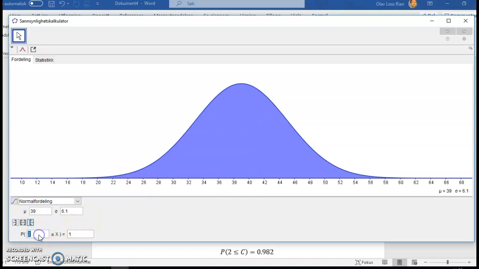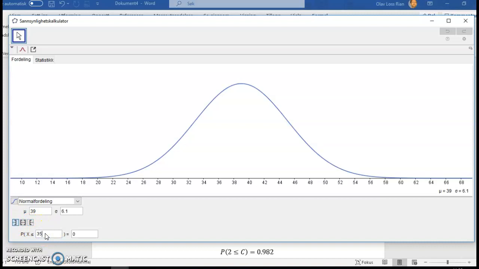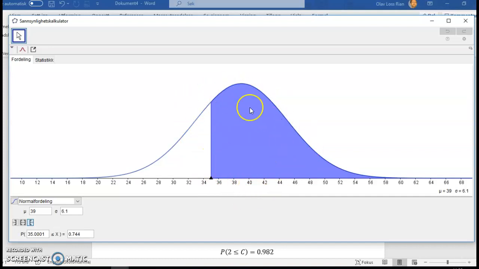And we know that the trouts that are 35 centimeters long, see if we can find that area. Yeah, it's this part of the curve. These are the trouts that are more than 35 centimeters long. So the chance that 2 of the 5 that are caught are longer than that should be quite high, because this is below the mean length.